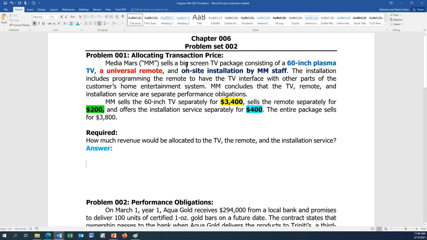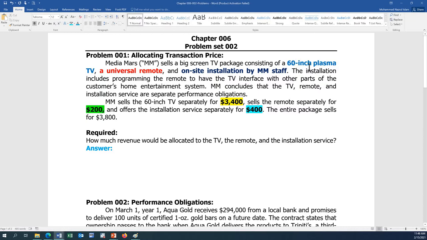MediaMart sells a big screen TV package that consists of a 16-inch plasma TV, a universal remote, and on-site installation by staff. Let's see the standalone price of these three items.